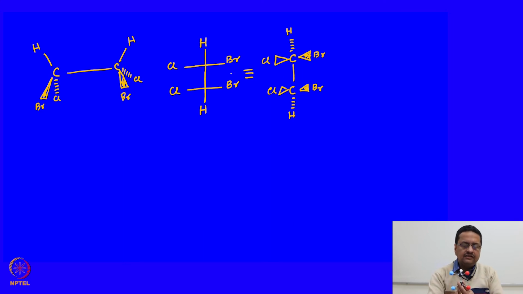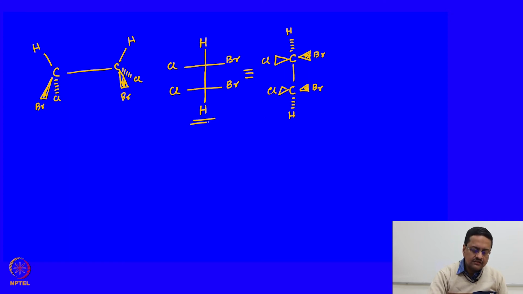So, this identifies the Fischer projection of this molecule. So, what we have learned by now, how to convert a Sawhorse projection to Newman projection and Sawhorse projection to a Fischer projection.